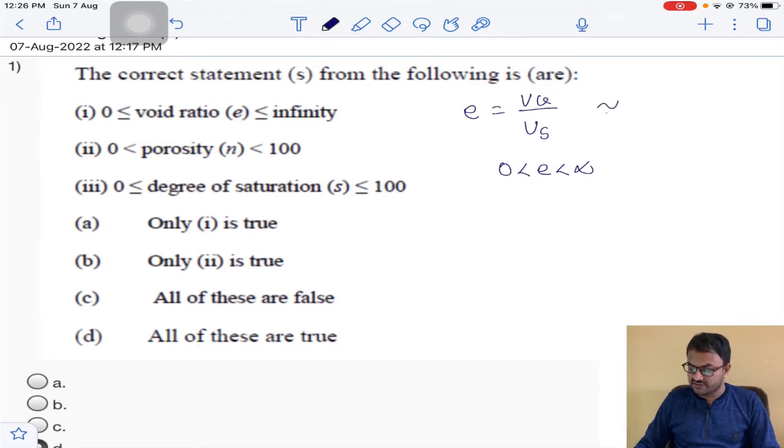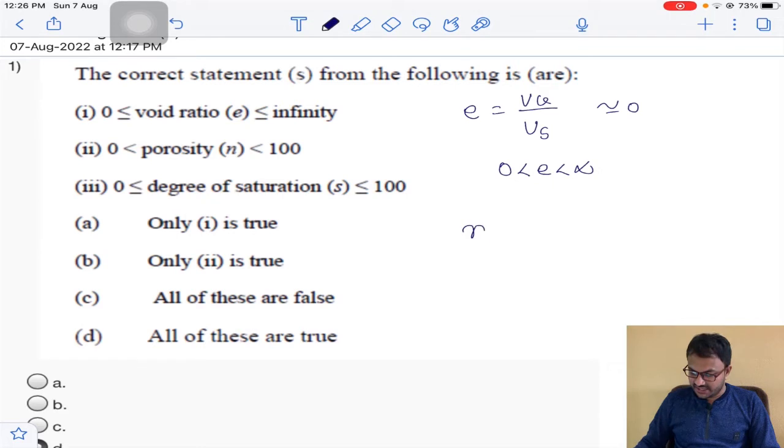If it is equal to 0, there are no voids at all in a soil. Soil means it should have voids as well as solids. Sometimes the voids portion in the soil is more than the solid portion. In that case, it will be greater than 1 as well. So the limits for this are 0 and infinity.